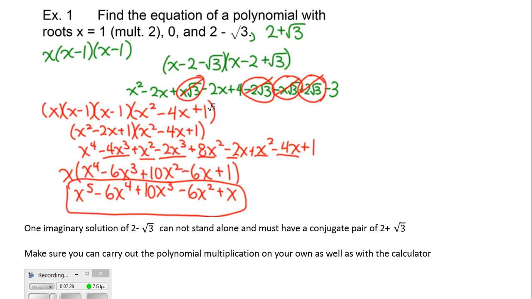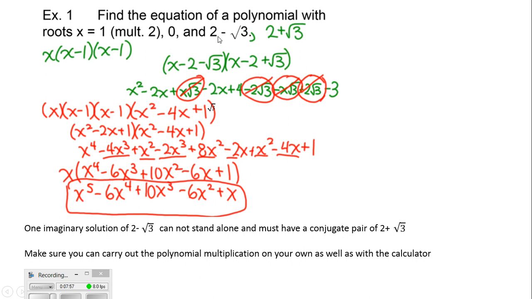Let's take a look at another example. Find the equation whose roots are x equals 1, having a multiplicity of 2, meaning x minus 1 times x minus 1 is a factor. 0 is a solution, meaning you're going to have a factor of x in there.